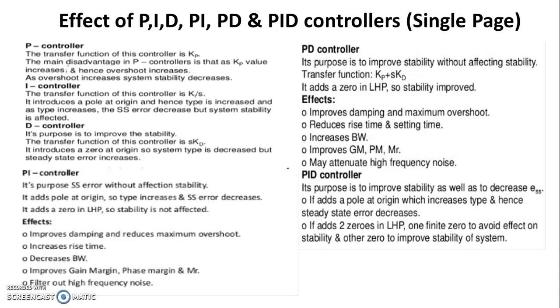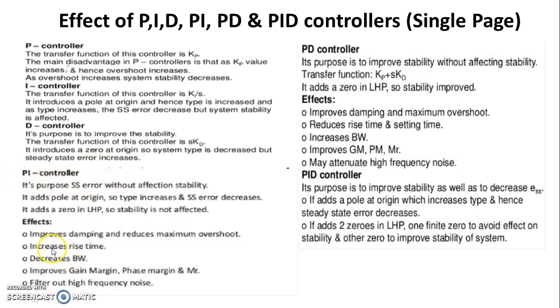It adds a zero in the left half of the S plane, so stability is not affected. Basically here, when you are taking Kp plus Ki by S, one pole is added and one zero is also added. That's the reason steady state error decreases and stability is also not affected. That's the reason most of the cases use PI controllers.